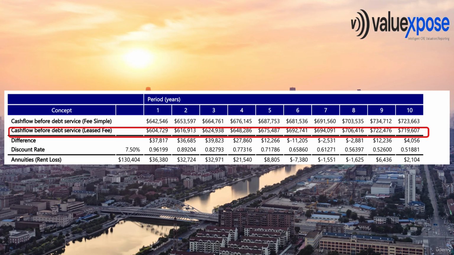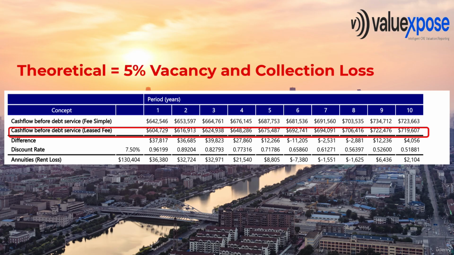Therefore, the leased fee theoretical mode reflects the actual contract lease terms and contract rents of the existing tenant rent roll, while the theoretical component refers to the fact that contract rent is never allowed to fall below the property's stabilized vacancy and collection loss assumption of 5%.